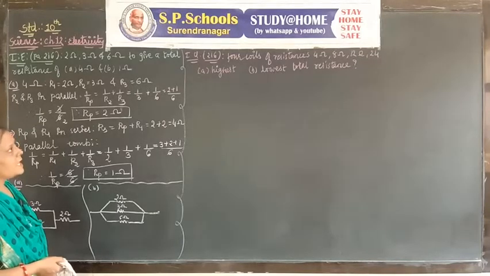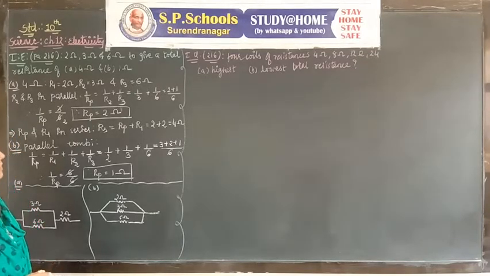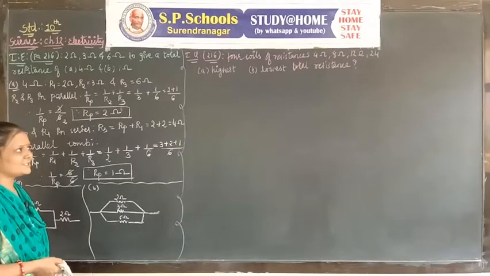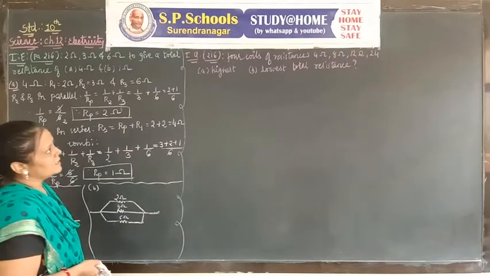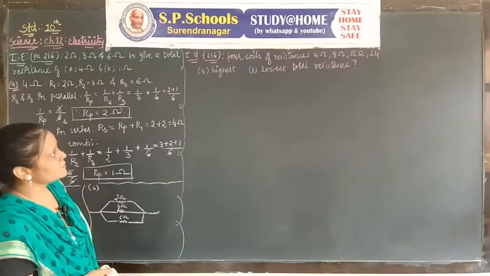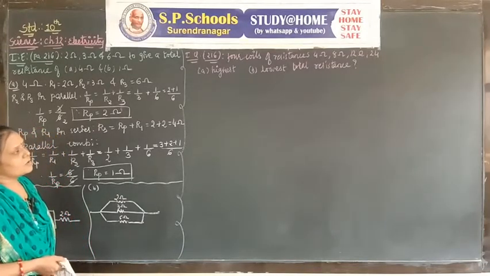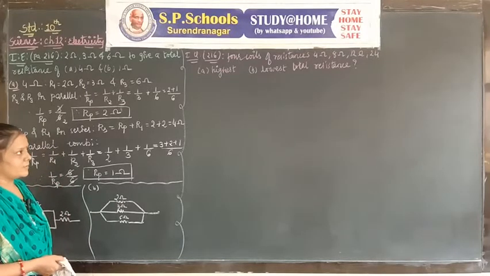We find it. We already know that to find the highest equivalent resistance, we arrange all resistances in series. If we find the lowest total resistance, we arrange all of them in parallel combination.